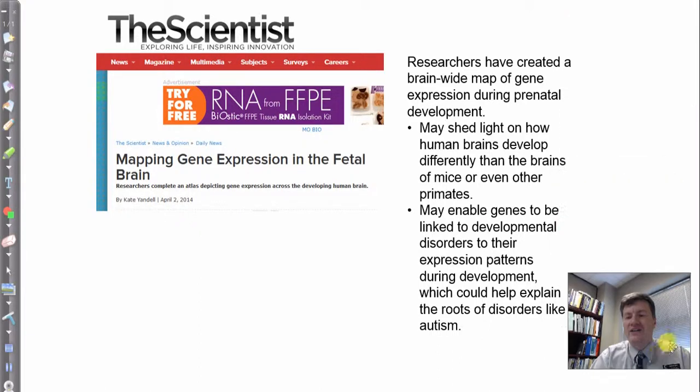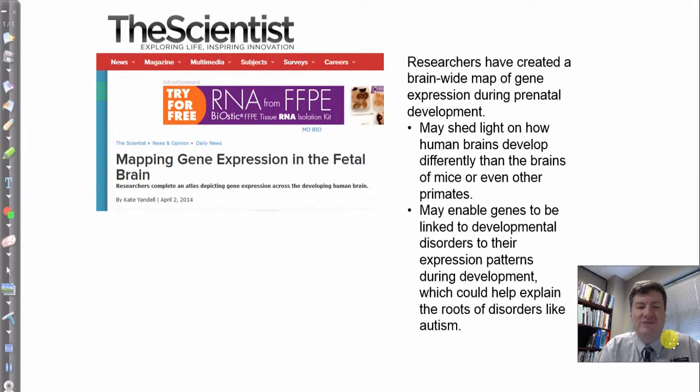Something that I need to stress to people that they study science and they think that we've got a lot of things figured out. There are still some very basic questions about the brain we don't understand. But a really cool development in 2014 was that researchers did create a brain-wide map of gene expression during prenatal development. What does that mean?